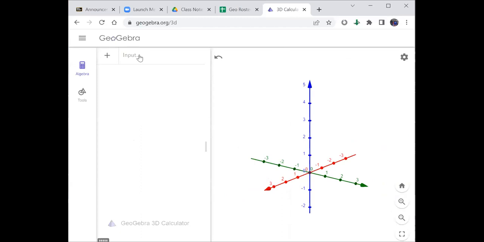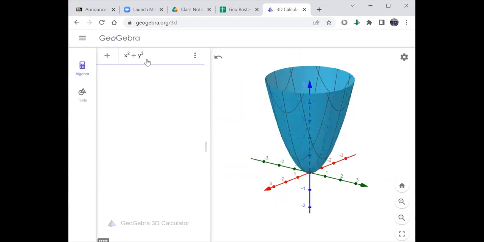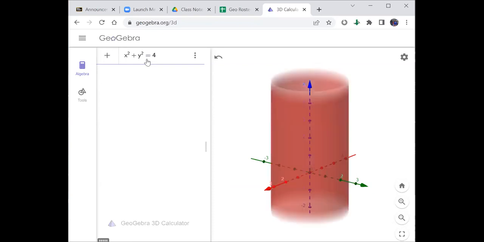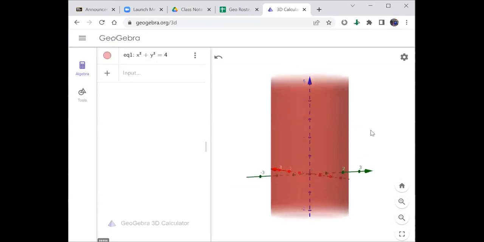What I'm going to do here, and I'm not going to ask you to do this part, is just show you really quickly what I mean by an object with uniform cross sections. So I'm going to produce a cylinder here. Let's say x squared plus y squared equals 4. That's an infinite cylinder, which means it goes up and down forever, but it's still a cylinder.